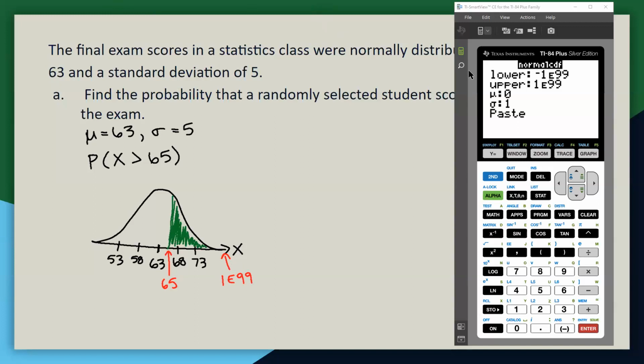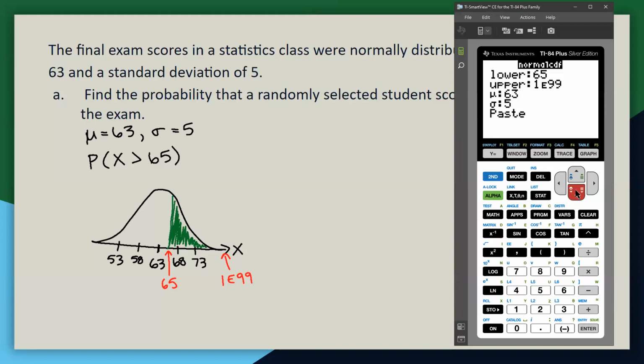You'll notice the calculator remembers what I did last time. So I already have my upper bound in there correctly, but I do need to fix that lower bound. So my lower is 65, my upper is 1E99, my mean is 63, and my standard deviation is 5.